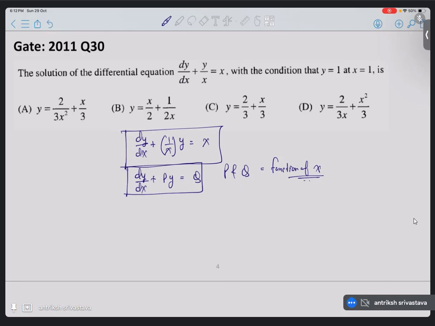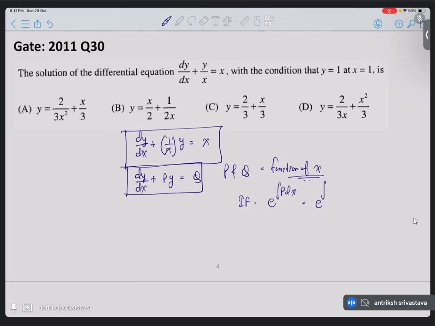So this is nothing but the integrating factor approach that we use, where we have the integrating factor as the exponential of the integral of P dx. I will again give one more question related to this just to solidify the concept.